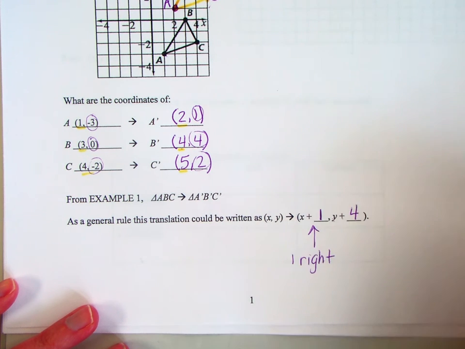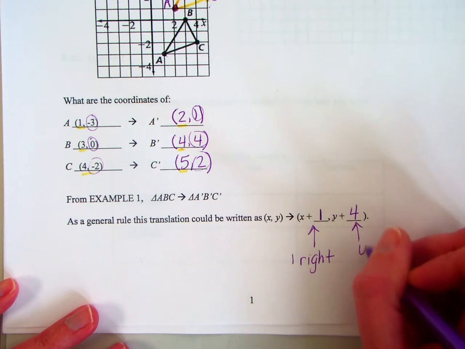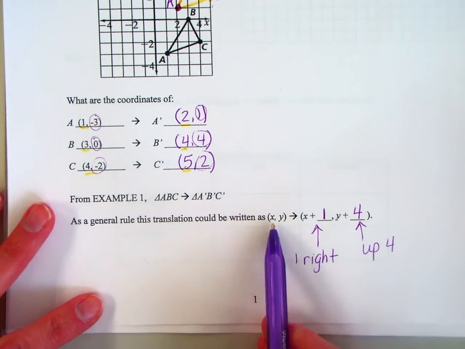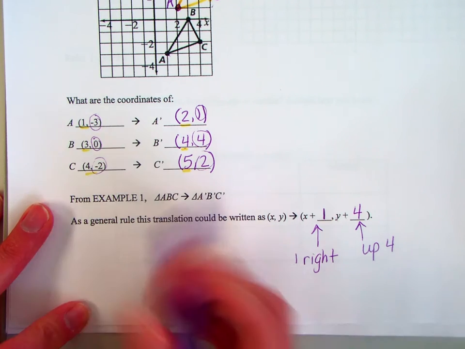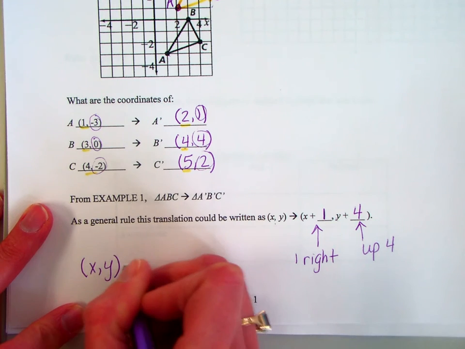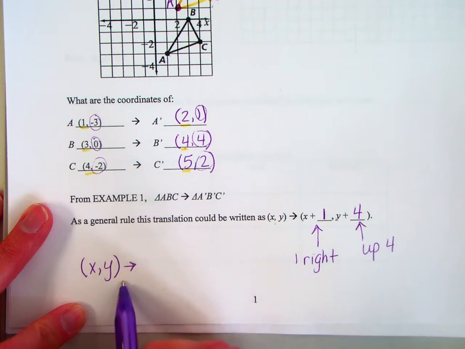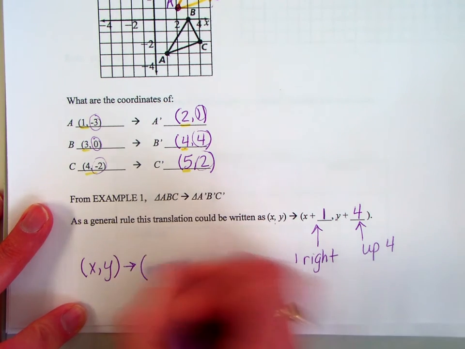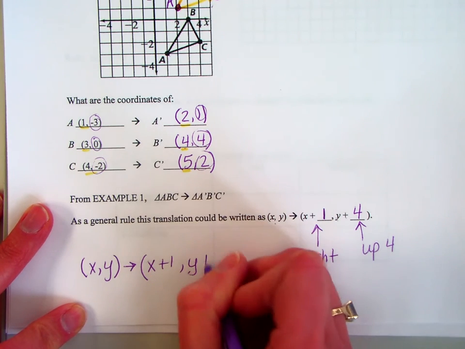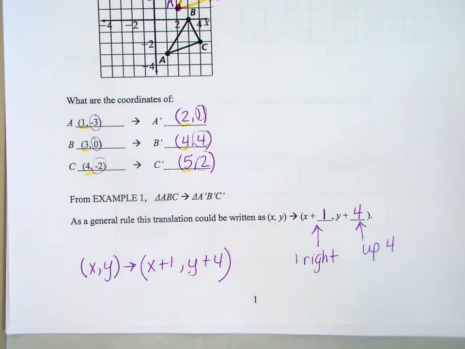That again comes from moving up 4. So a general rule, a way that we write that, is that we have our original point, x, y, and then after the translation, it becomes x plus 1, and then y plus 4. So that's another way that you can write it, instead of saying 1 to the right and up 4.